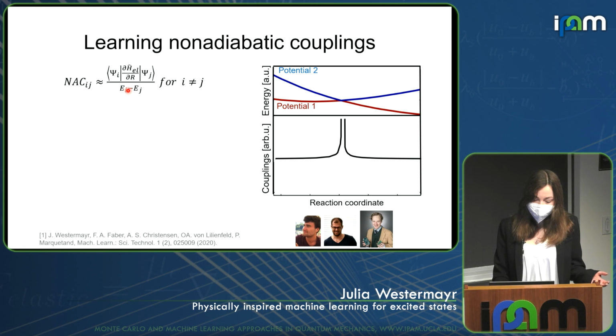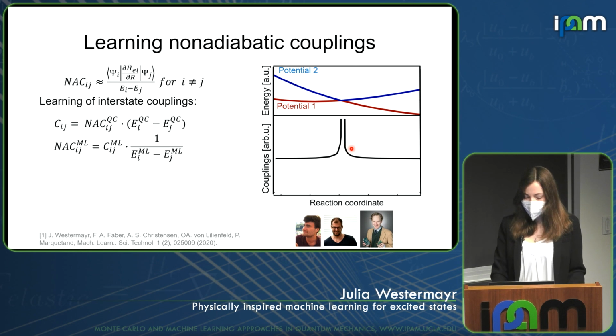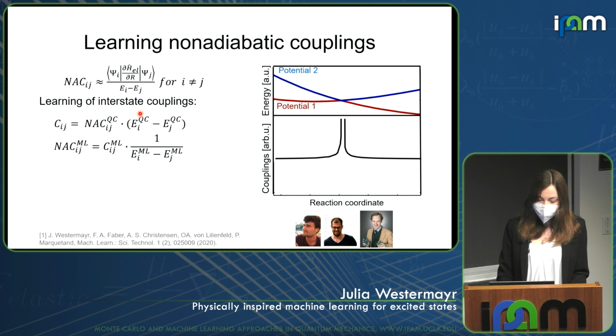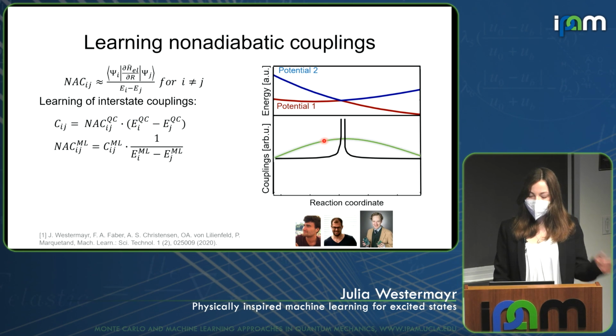But another problem is that the nonadiabatic coupling is inversely proportional to the energy gap, which means if we have here 2 potentials and they form an avoided crossing or a conical intersection, then the coupling values are singular. During a collaboration with Anatole von Lilienfeld, we trained interstate coupling. So we multiplied the nonadiabatic coupling values with the energy gap. In this way, we could smoothen the coupling values.